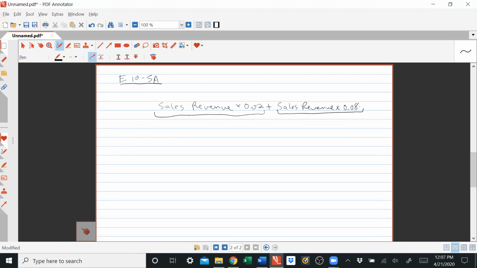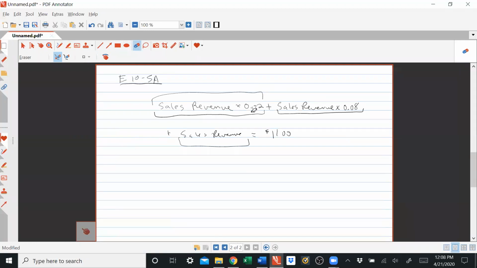This is the excise tax, plus sales revenue, of course, needs to equal 1,100, right? We're billing the customer for what they owe us for the product, plus we're billing them for the state sales tax, plus they're paying the excise tax.